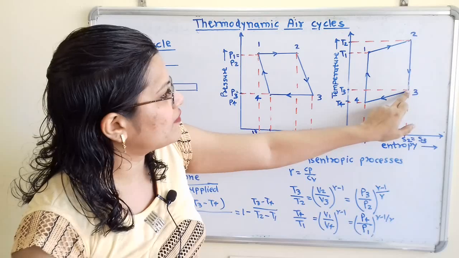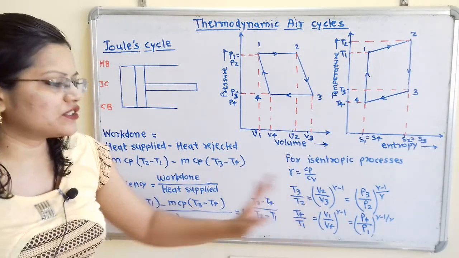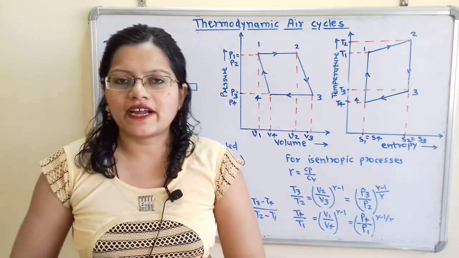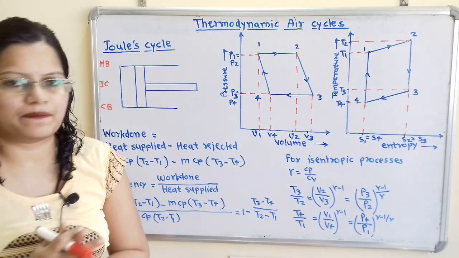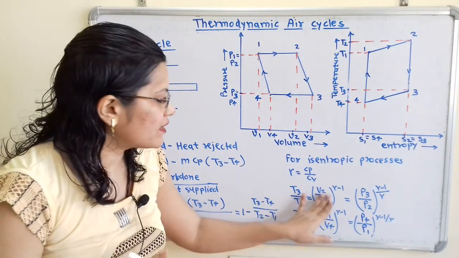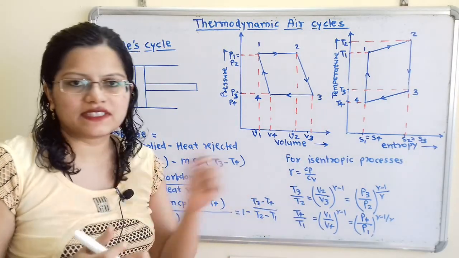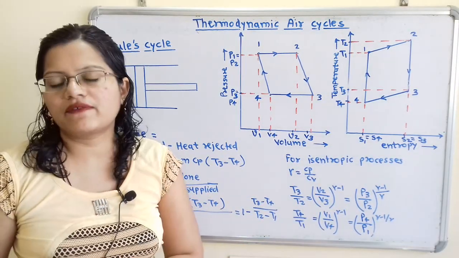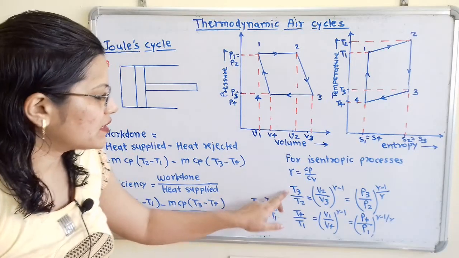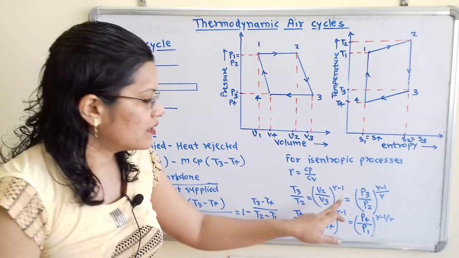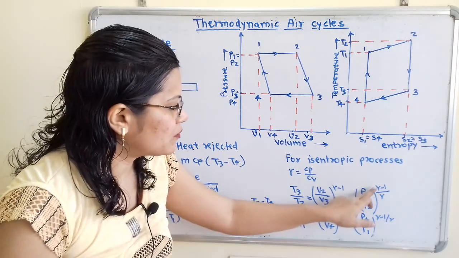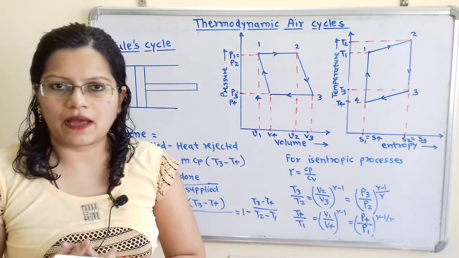We have to write this ratio in terms of volume V and pressure P, using gamma. So T3 by T2 is equal to (V2 by V3) raised to gamma minus 1, which is equal to (P3 by P2) raised to (gamma minus 1) by gamma.